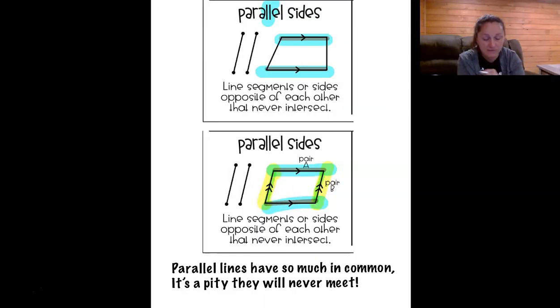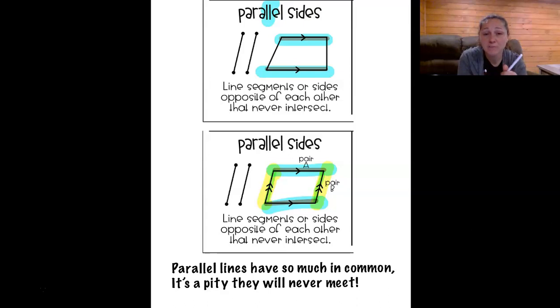We've looked at parallel sides. Parallel lines run like train tracks. Choo-choo. They run like train tracks. And they have so much in common. It's a pity they'll never meet because these guys will never connect. Parallel lines.